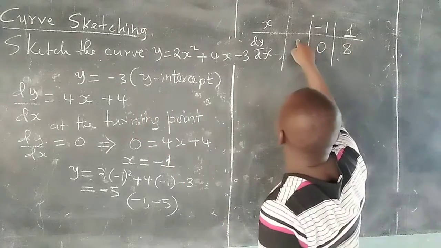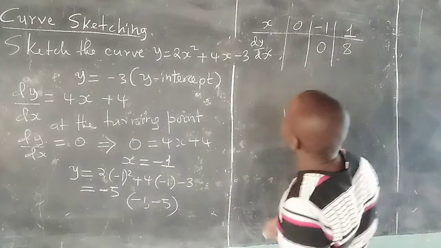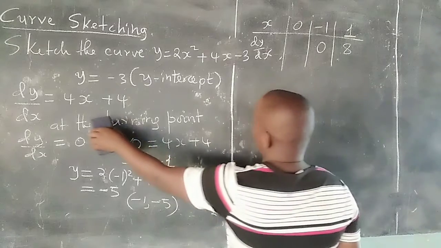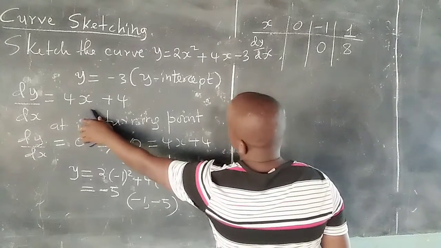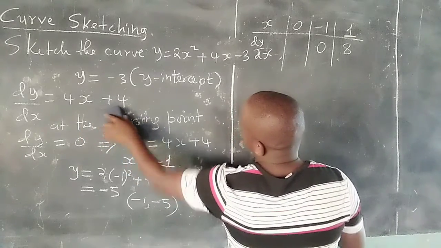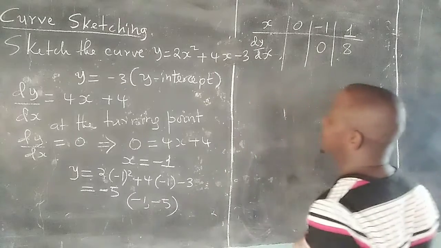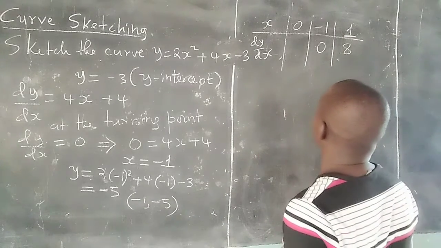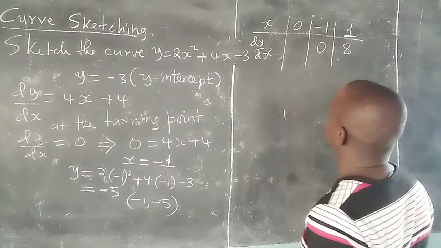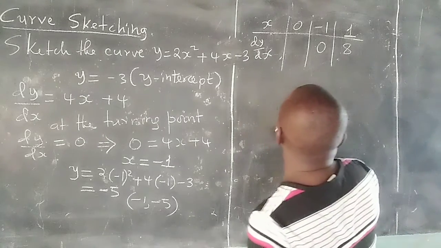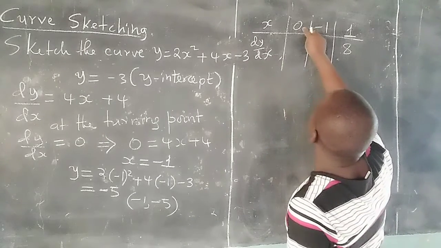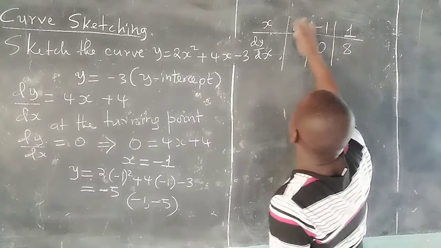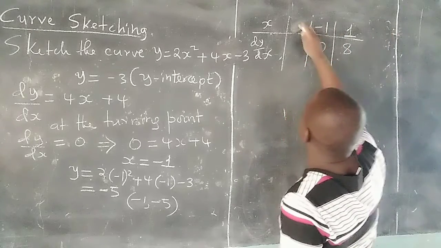And at a point like 0, the gradient will be 4. Sorry, 0 is after negative 1.